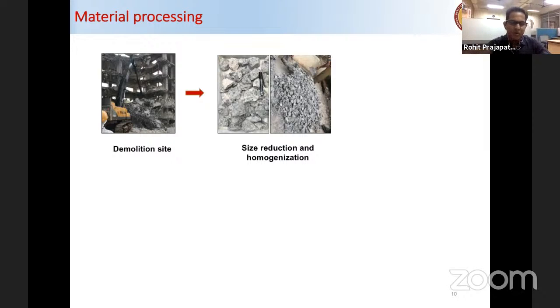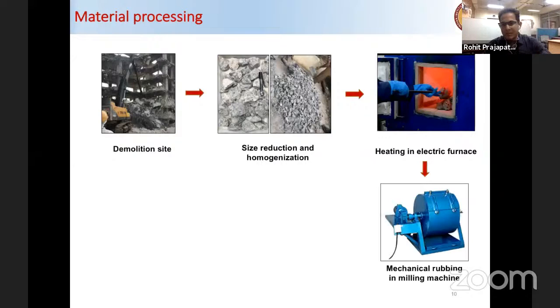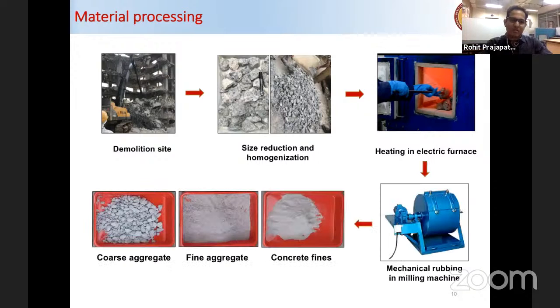So it's important to homogenize it. And then the feed was fed to an electric furnace and heated and cooled down. And after that, it was put in the milling machine to remove this weakened old mortar. So after this, you get these three products, which is coarse aggregate, fine aggregate, and the concrete fines.